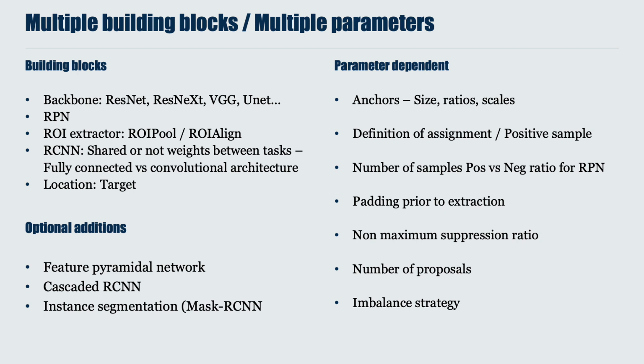You may also want to do some padding prior to the extraction of the boxes. You may want to use non-maximum suppression, and so you have a parameter here in terms of to what degree you consider that the boxes are overlapping. There is also the number of proposals that you will finally feed into your CNN, and the imbalance strategies that you choose in terms of negative versus positive samples in your training.